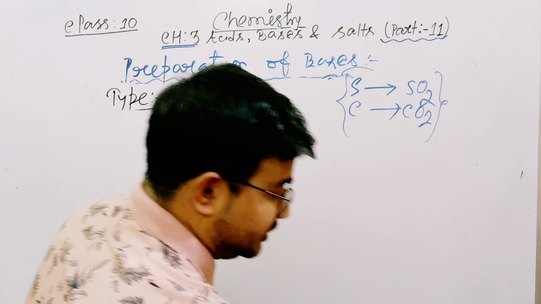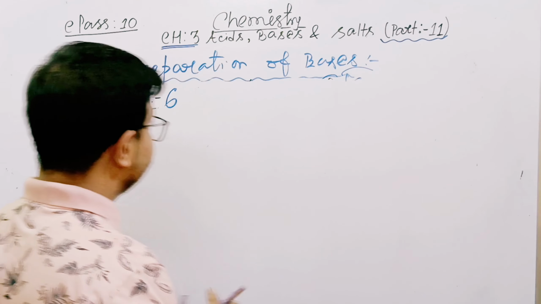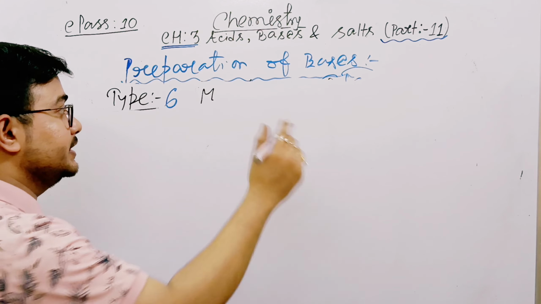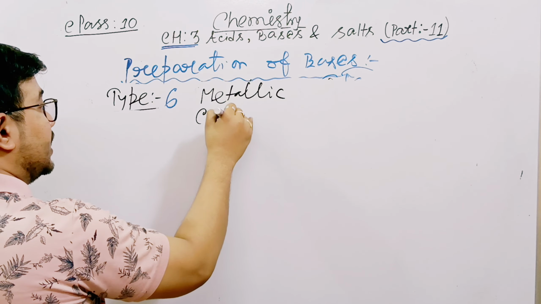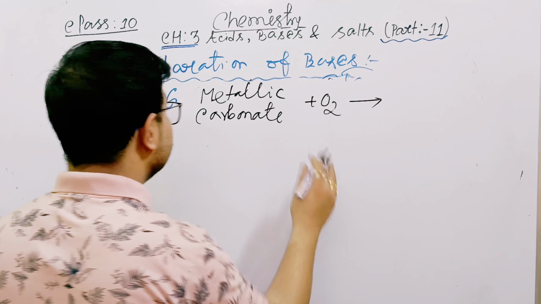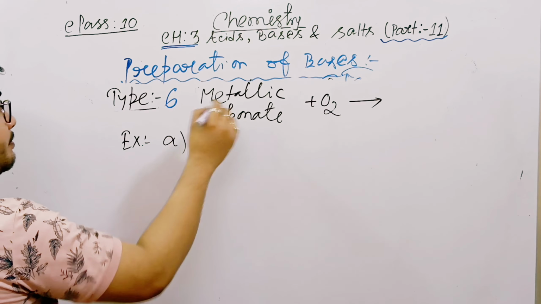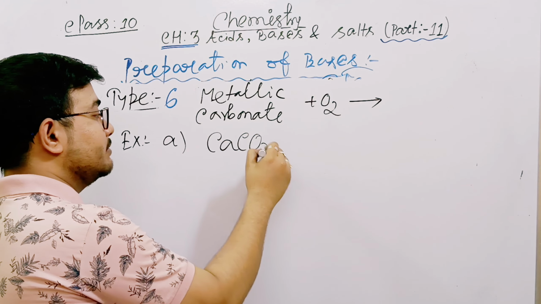Type 6. In previous type 5, metallic sulfide; here metallic carbonate plus oxygen. Don't think about the answer, take an example. Metallic carbonate, metal means calcium, carbonate means calcium carbonate.